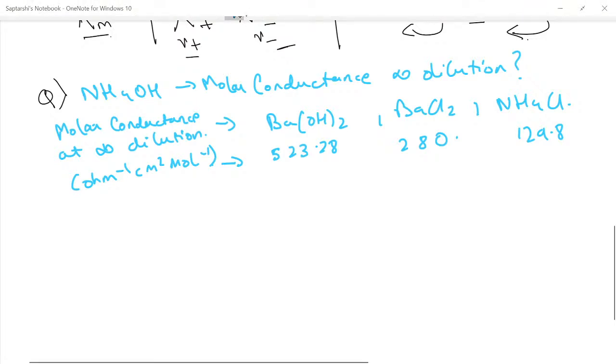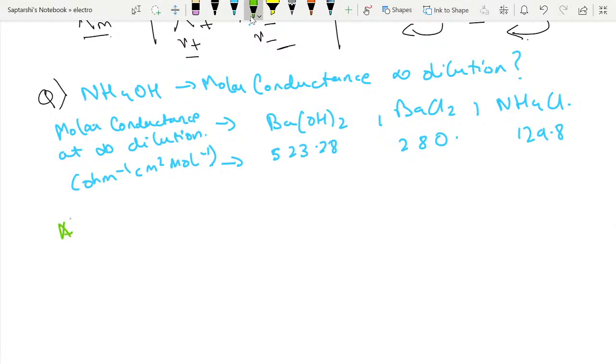Let me write the answer in green. Answer. Okay, so now we need to know it for NH4OH, and we are given this. So we need this NH4 and we need this OH. And our Kohlrausch's law says that every anion and cation will make a contribution.